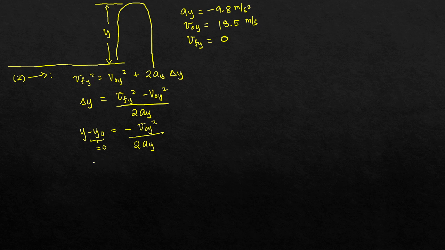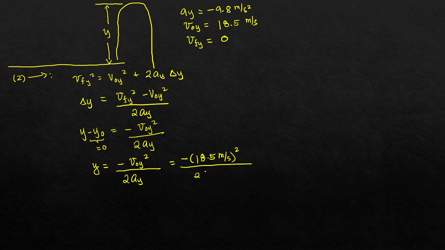Therefore we have y equal to negative v naught y squared all over 2ay. If we plug in the values here, that would be negative 18.5 meters per second, squared, all over 2 times negative 9.8 meters per second squared.